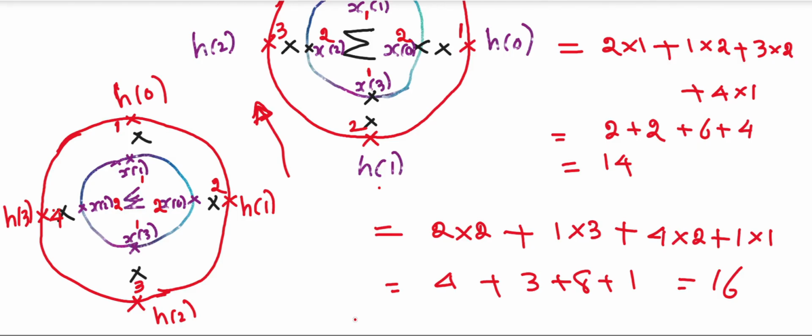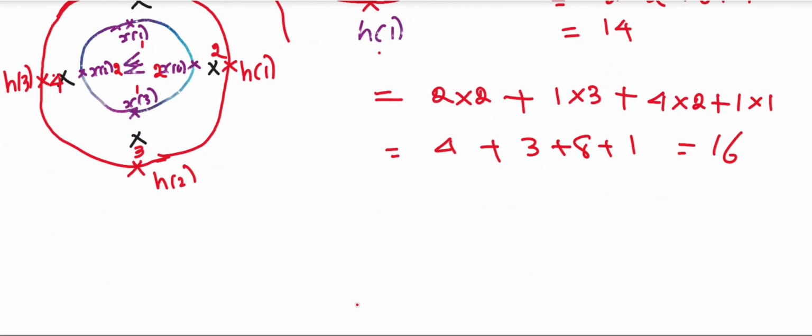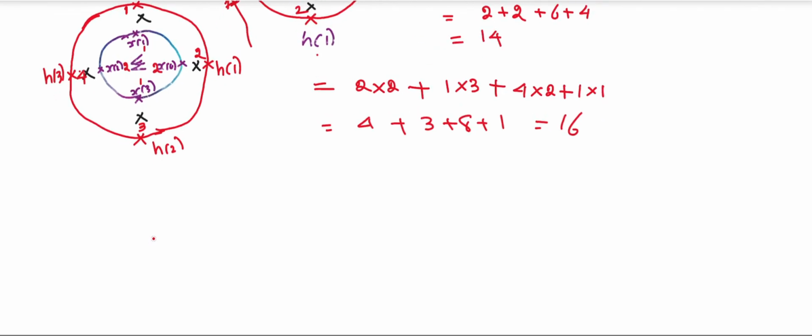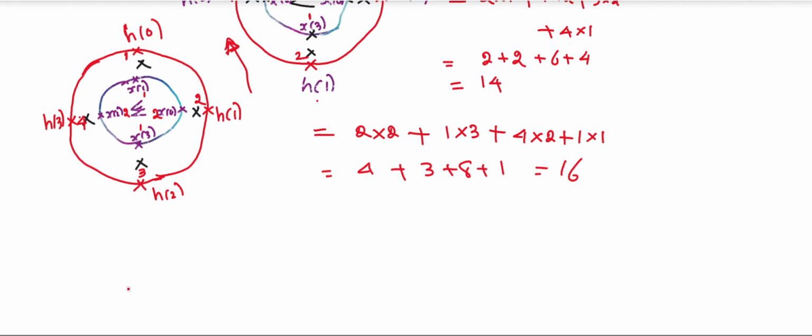In a similar way, we can perform the next computation of the convolution sequence. Keep the inner circle as such: the values are x of 0, x of 1, x of 2, x of 3.